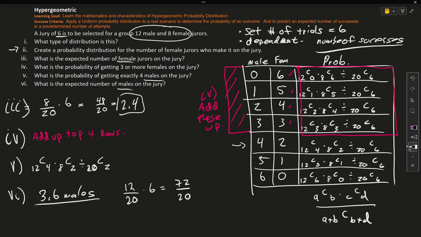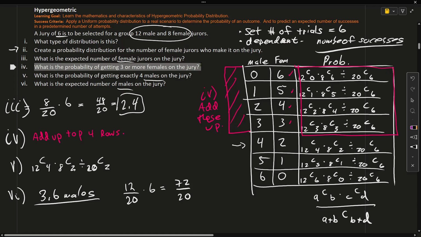And really, that's all you are going to need to do on a test in preparation for the hypergeometric section. These are pretty much all the different types of questions I could ask. I could ask for a specific range, 3 or more, 2 or less, more than 5. So you're going to want to be able to answer different things like that.